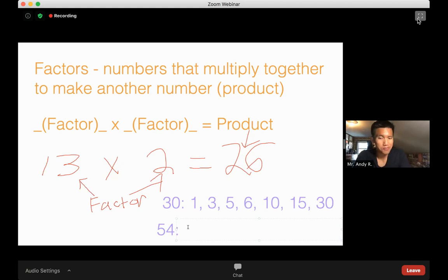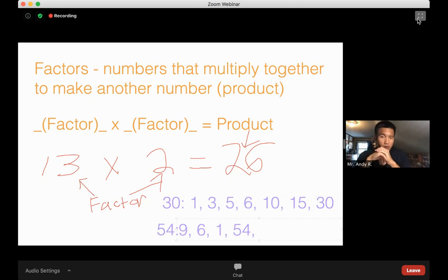Okay, so yeah, we know that 9 times 6 is 54, so 9 and 6 are factors. And no matter what number it is, we know that 1 is going to be a factor, because 1 times 54 is going to be 54, so 1, and then the number itself is always going to be one of the factors.